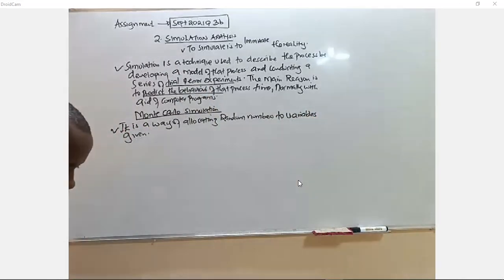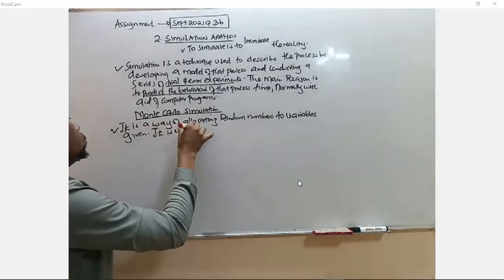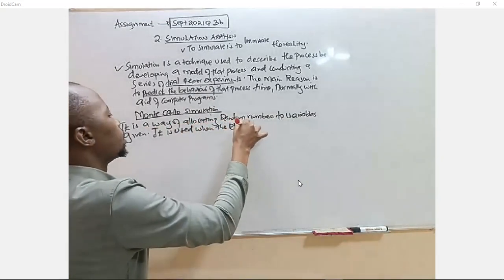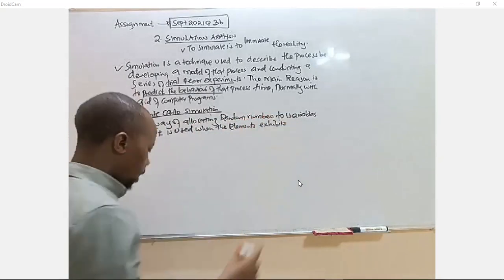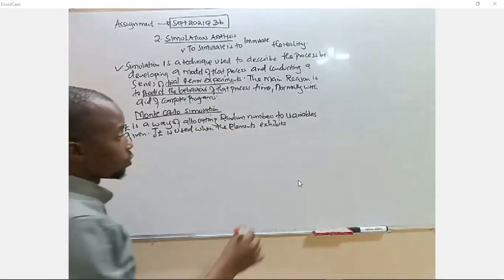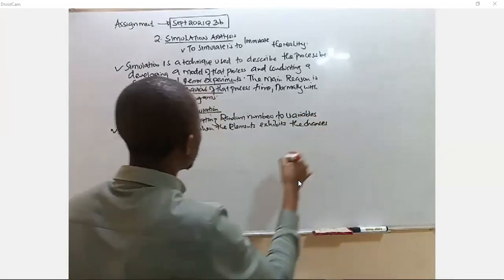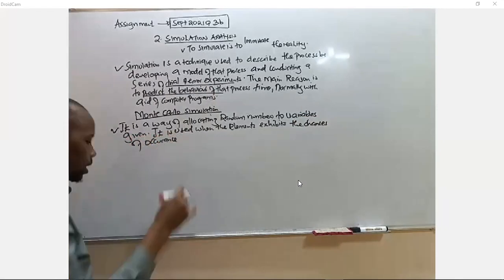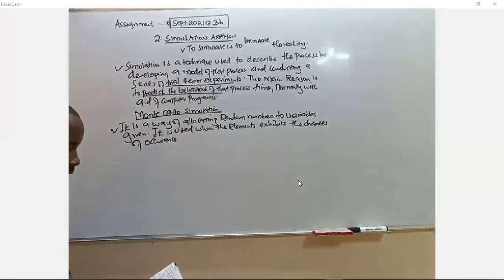So let us continue and say it is used when the elements exhibit the chances of occurrence in their behavior.